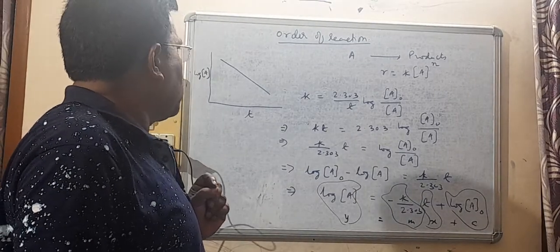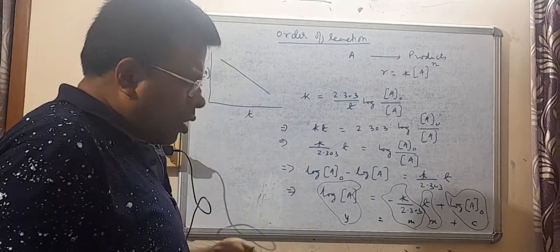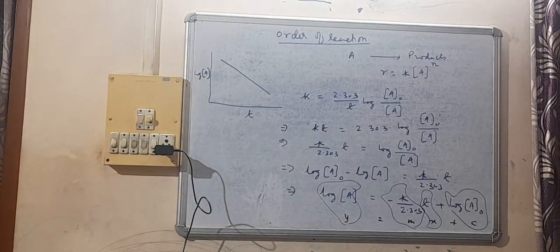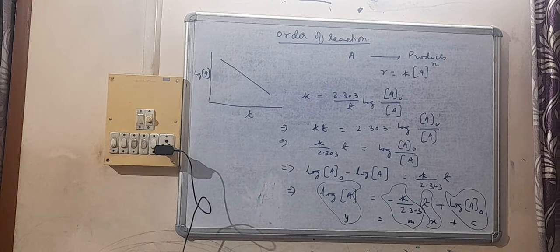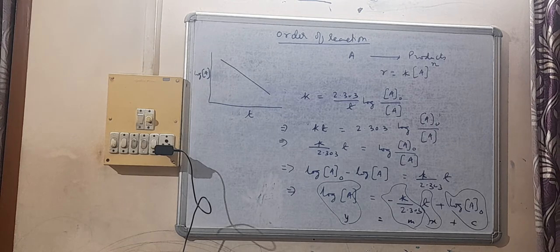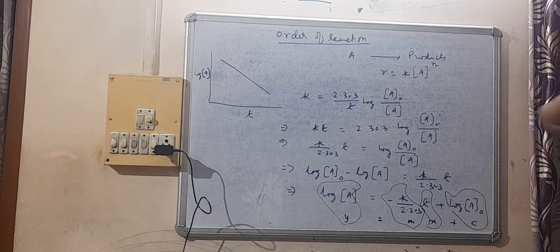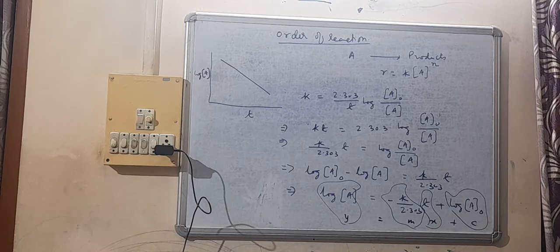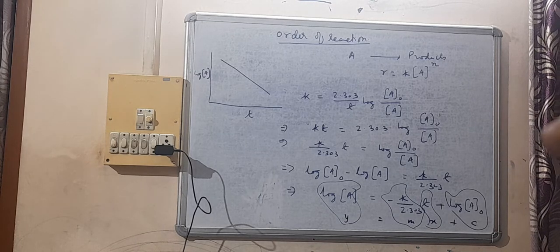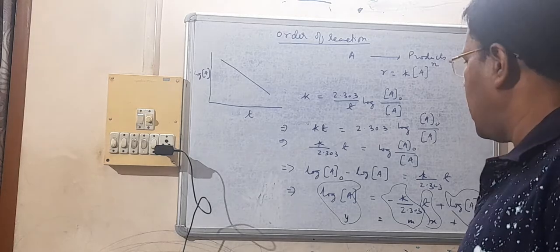So suppose you can write a question here. How can we understand that a reaction is of first order? Suppose a reaction we are studying, how can we know that the reaction is of first order? The answer will be like this.